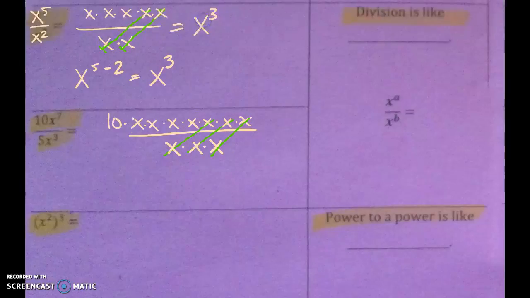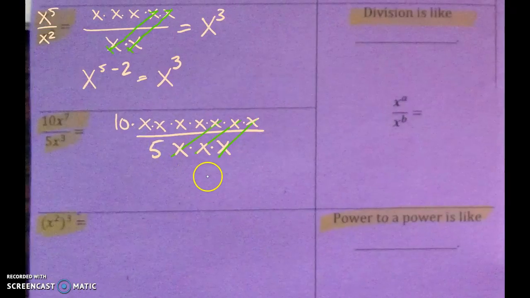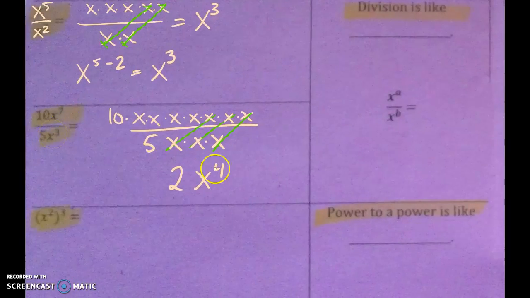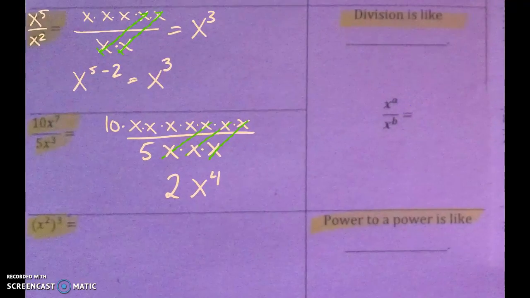We're left with, whoops, gotta put my 5 here, 5x on top, and then I divide these two things, 2x to the 4th. 7 minus 3 is x to the 4th, and so our theory holds true. Division is then like subtraction. And x to the a over x to the b can be thought of as x to the a minus b. Is our shortcut.